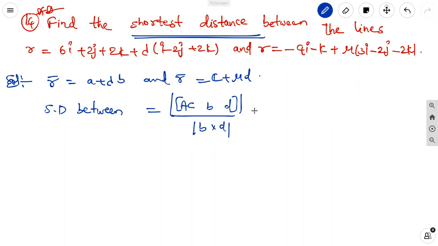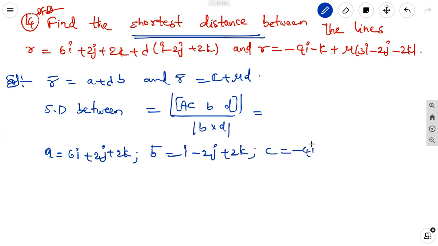Here we can take A vector equal to 6i plus 2j plus 2k, B vector equal to i minus 2j plus 2k, C equal to minus 4i minus k and D equal to 3i minus 2j minus 2k.